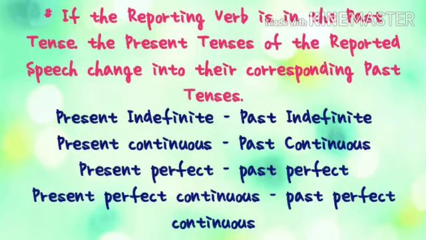Next, if the reporting verb is in the past tense, the present tenses of the reported speech change into their corresponding past tenses. That is, present indefinite becomes past indefinite, present continuous becomes past continuous, present perfect becomes past perfect, present perfect continuous becomes past perfect continuous, can changes into could, and may changes into might.